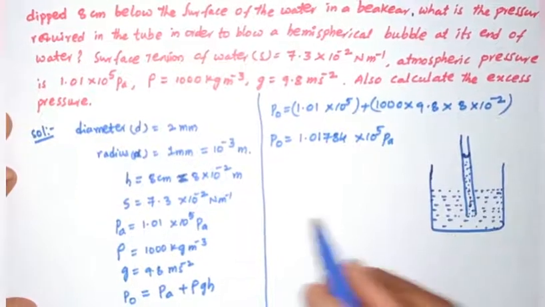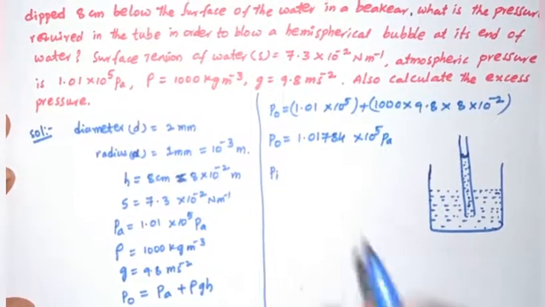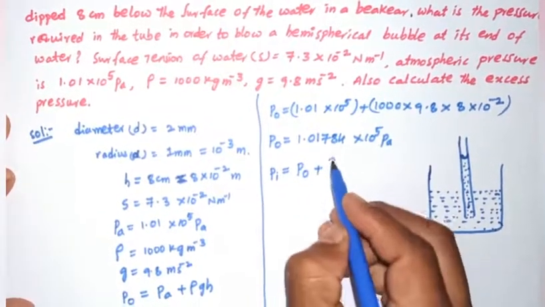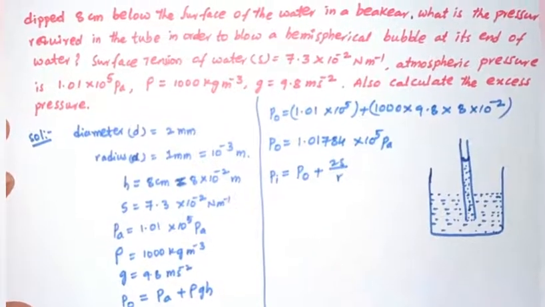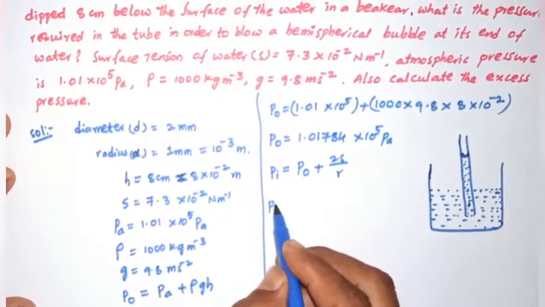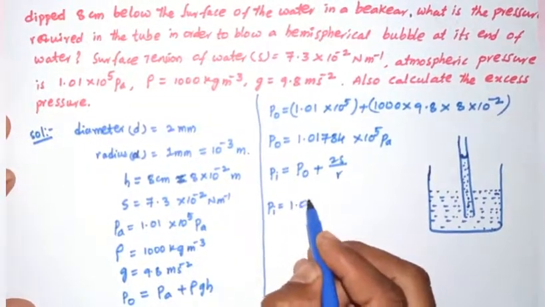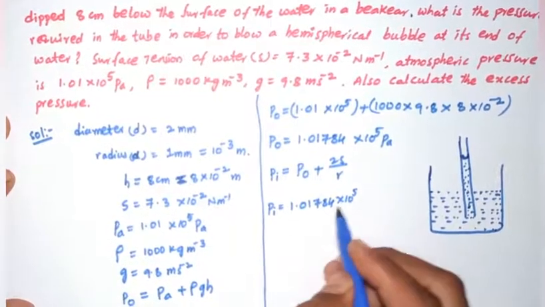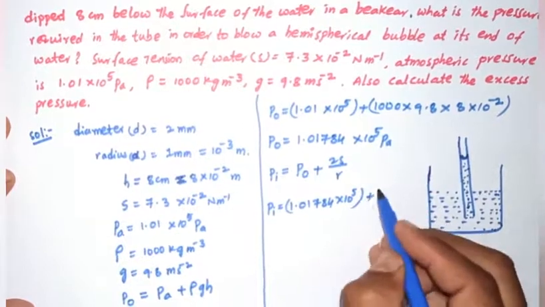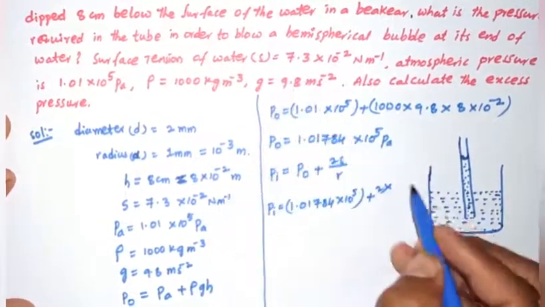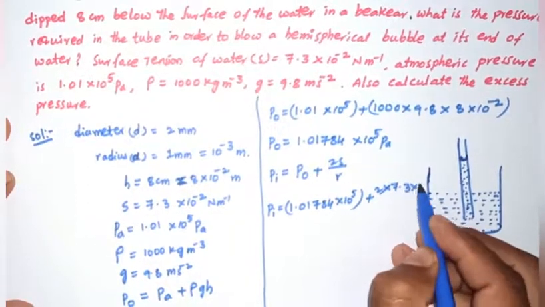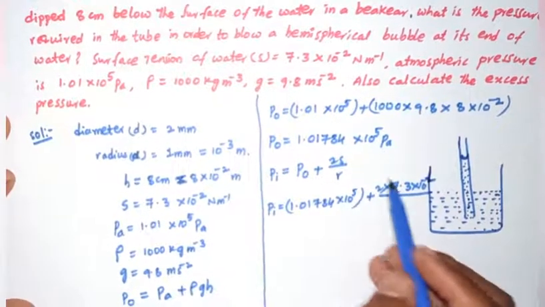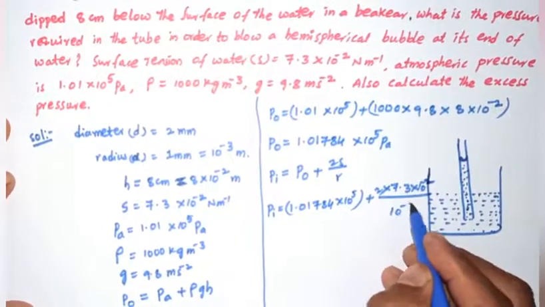So we can calculate the inside pressure PI equals PO plus 2S by R. PI equals 1.01784 into 10 to the power 5 plus 2 into S equals 7.3 into 10 to the power of minus 2, divided by R equals 10 to the power minus 3.